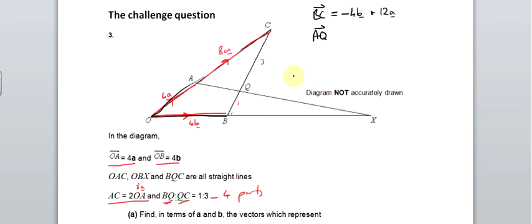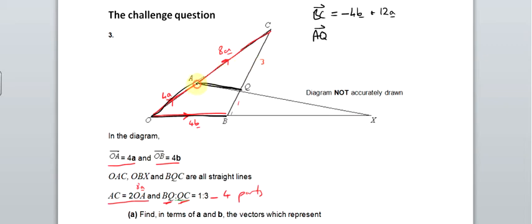Now A to Q. So that's this bit just here, isn't it? Well, we don't know what that gap is, so we're going to have to do it a different way. And I'm thinking to myself, well, I've just worked out what BC is, and this is 3/4 of it.